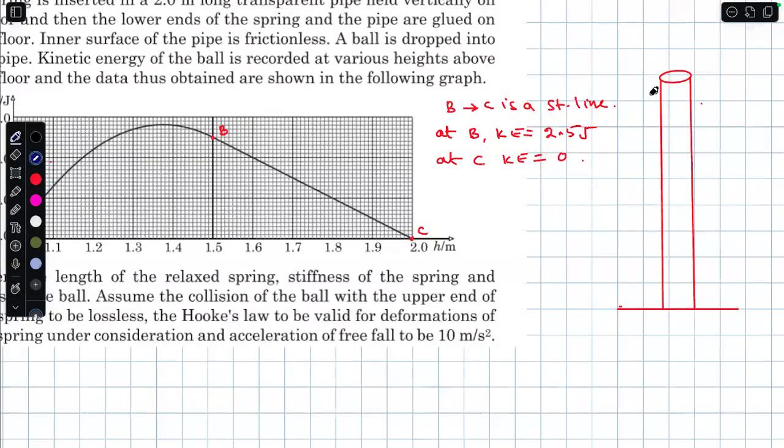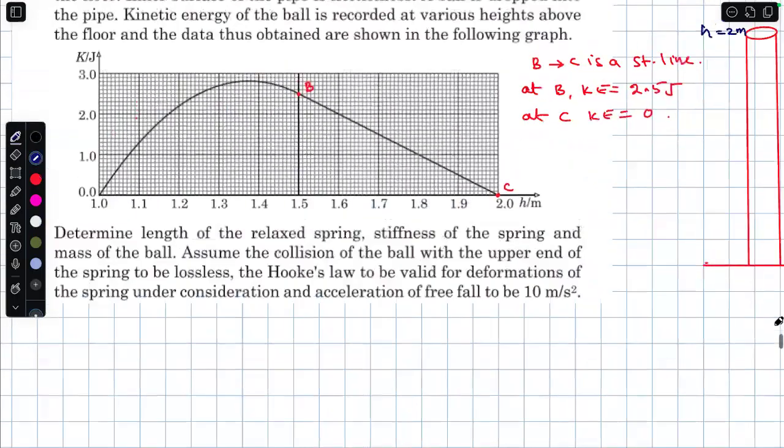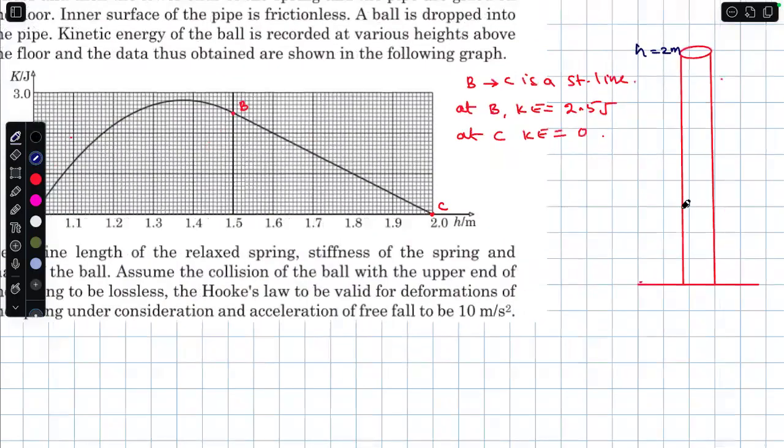First of all, you are releasing it from a height of 2 meters. See, from 2 meters to 1.5 meters, it is falling like a free fall because it's a straight line.